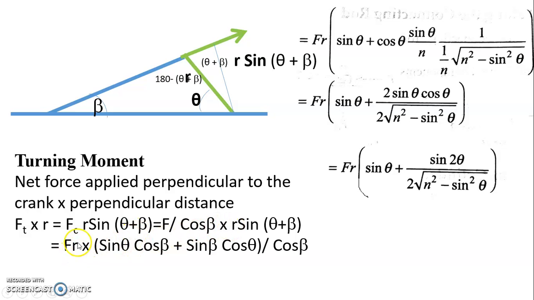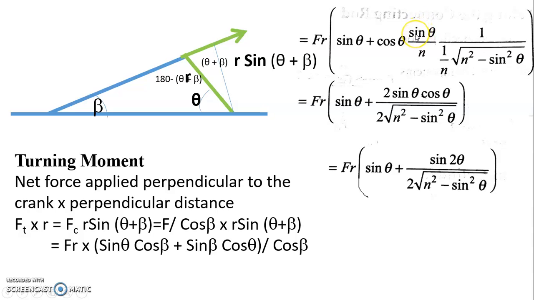F into r we take outside, and expanding, sine (theta plus beta) is equal to sine theta cos beta plus sine beta cos theta, divided by cos beta. Dividing the cos beta throughout this, you get Fr [sine theta plus cos theta sine beta by cos beta].